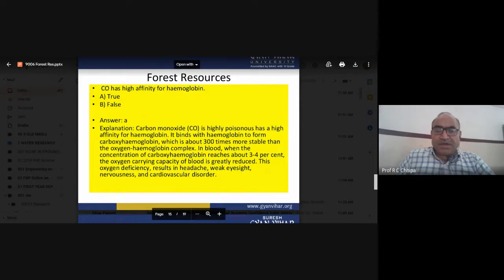But because of the bigger area of the forest, every year, or maybe the whole year, there is forest fire. So why does forest fire occur?